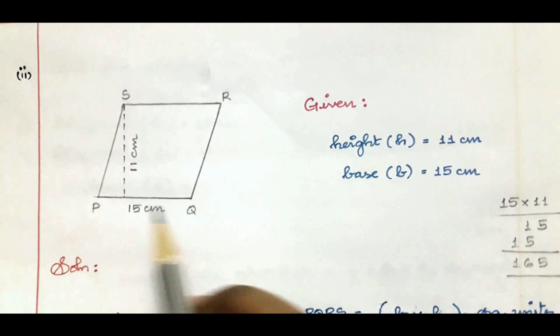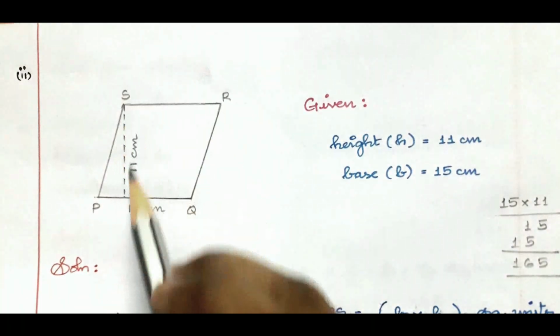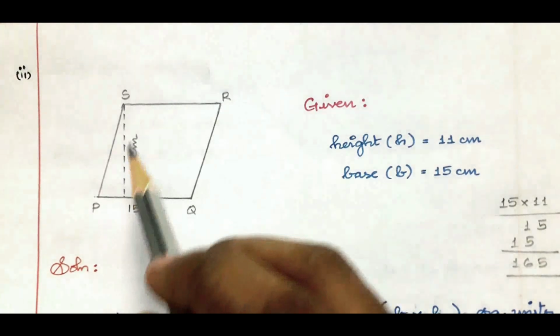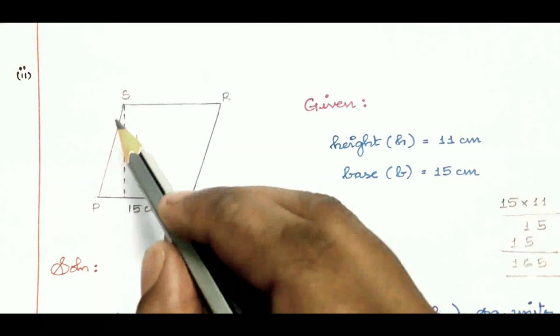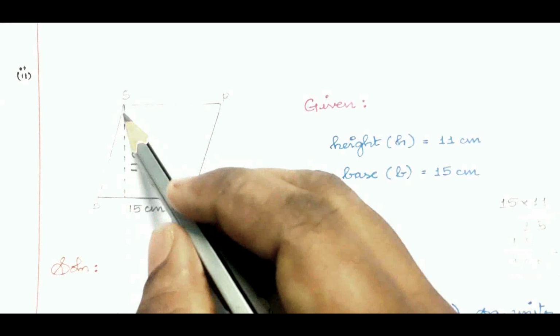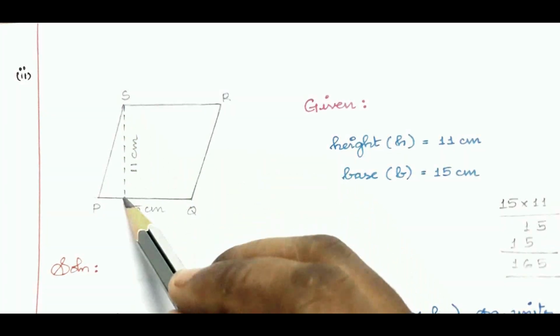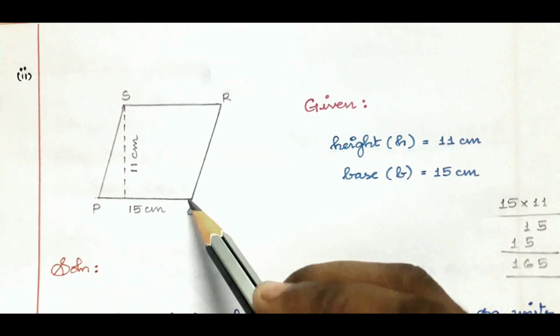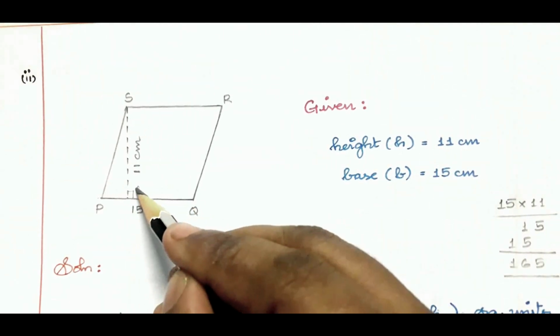It is also named as PQRS and here they have given the base 15 centimeter. How can you find the base? Yes, in rhombus you should be very clear where is the height. Height is given here. That height lies on the line segment PQ and makes the angle as 90.